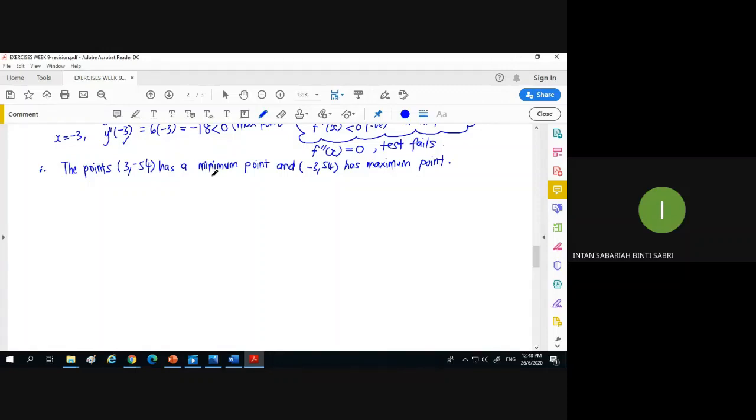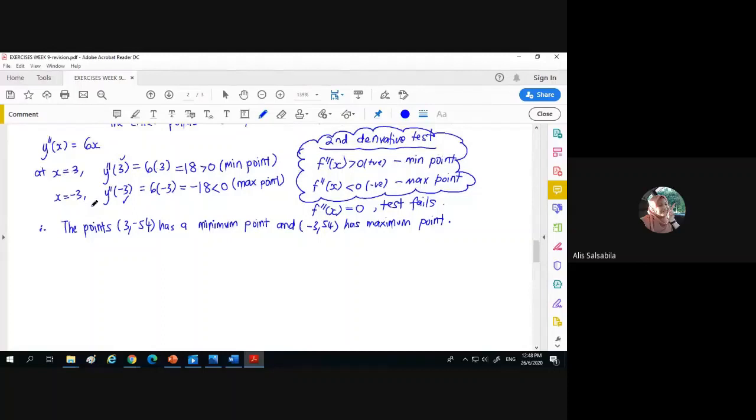So inflection point occur at f double prime x equal to 0. Lepas ni kita akan buat conclusion so you can see the different, right? So kita tengok kat sini.